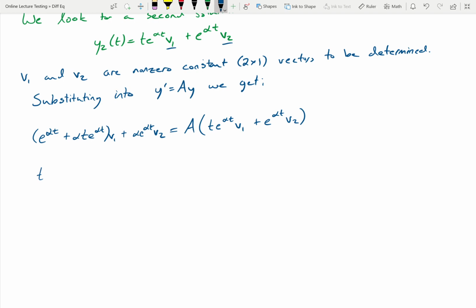I'm going to have t e to the alpha t times (A v1 minus alpha v1), plus e to the alpha t times (A v2 minus alpha v2 minus v1), and this is all equal to 0 on some interval of interest from negative infinity to infinity.